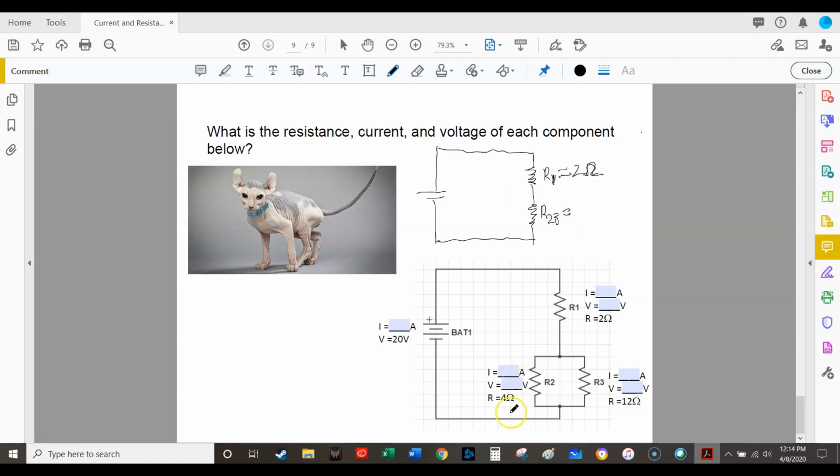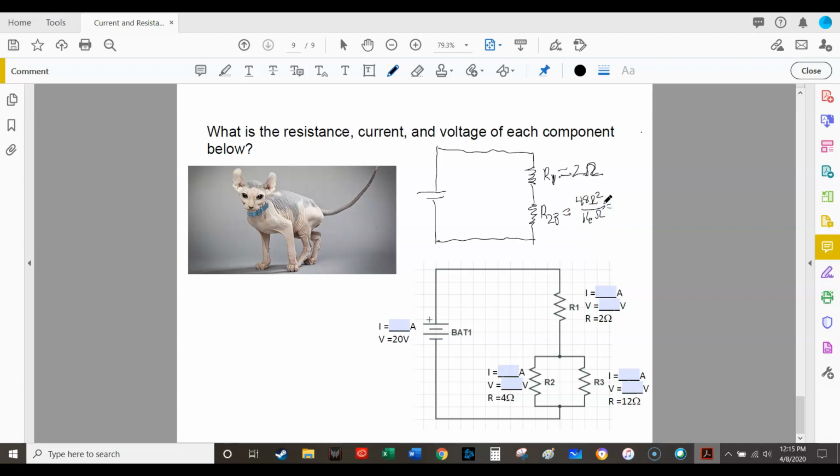R23, when I copy R23 over, I've got to do it as product over sum, just like we learned before. So 4 ohms and 12 ohms, that's going to be 4 times 12, so that's 48 ohms squared, over the sum, which is 4 ohms plus 12 ohms, which is 16 ohms.